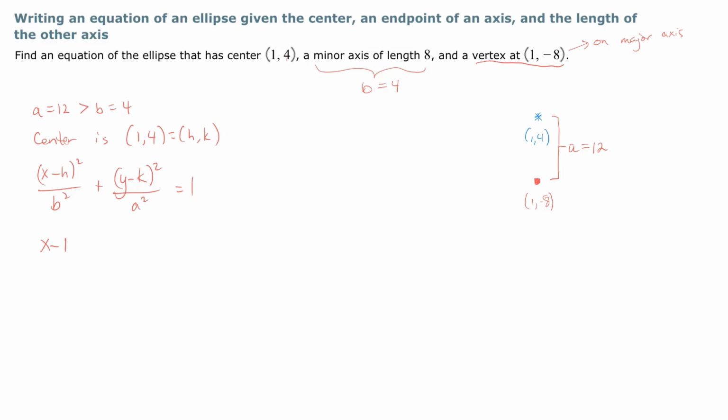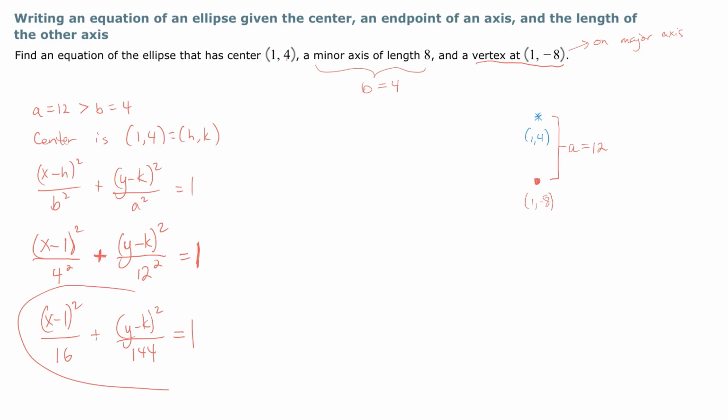X minus 1 quantity squared over b squared, so 4 squared, which is 16, plus y minus k quantity squared over a squared, 12 squared, which is 144. So x minus 1 quantity squared over 16 plus y minus k quantity squared over 144 is equal to 1. Ta-da! And that fits the puzzle.